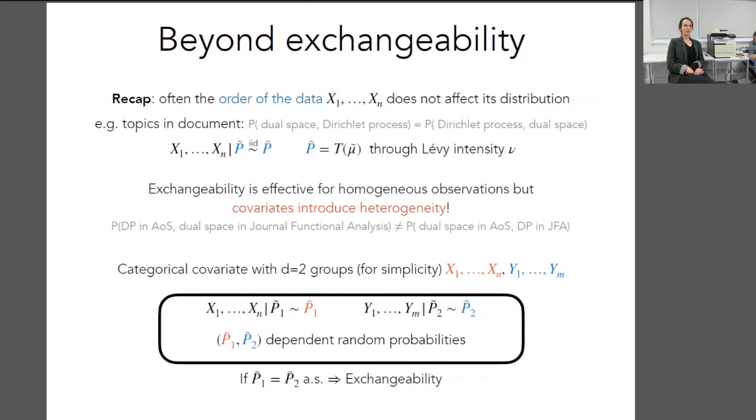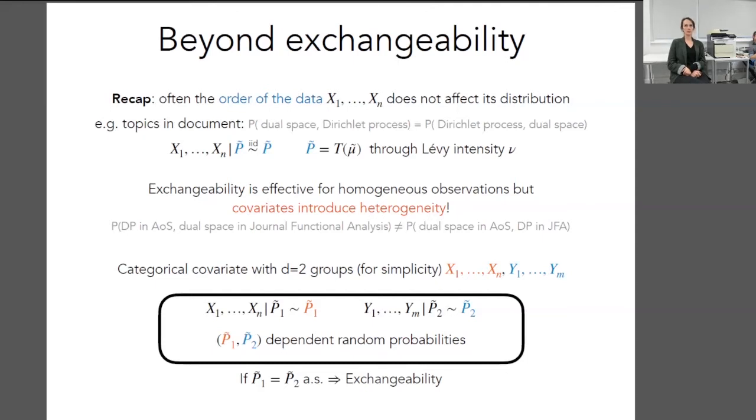Now, what happens very often is that data come with covariates. So in such cases, one typically wants to introduce some form of heterogeneity in our models. For example, if we consider the case of a categorical covariate, so that you can think of your data as coming from different groups, here I just took 2 groups for simplicity, then one can extend the previous model in a very straightforward manner.